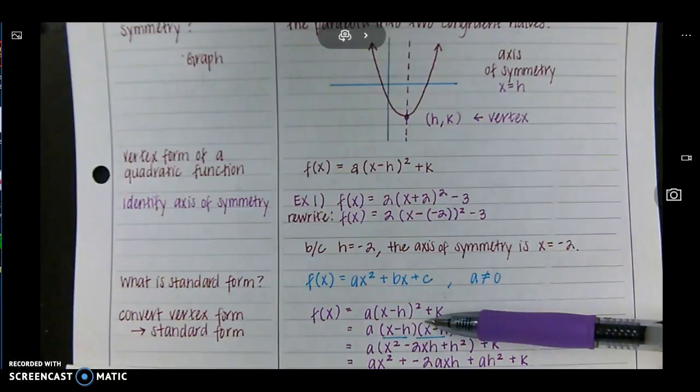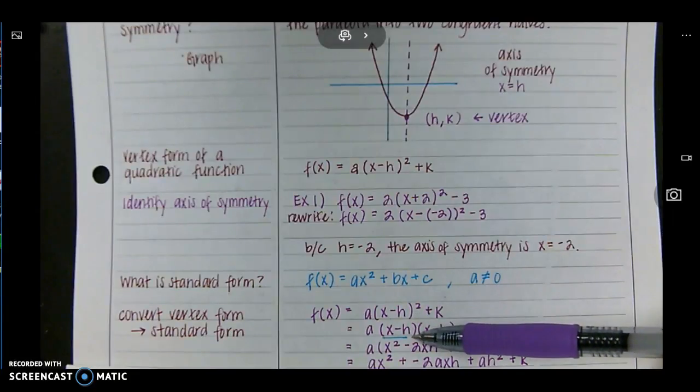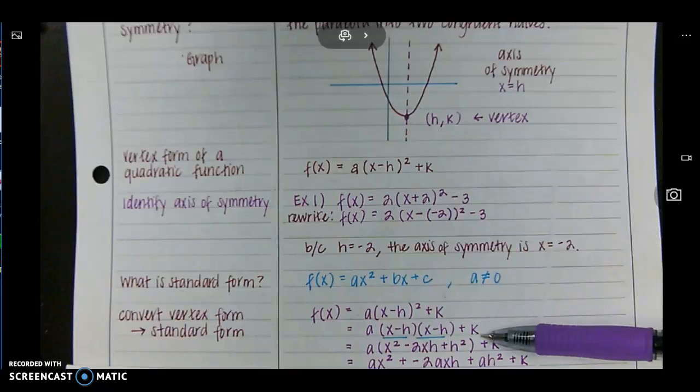So if you rewrite this out, this is the same thing as (x minus h) times (x minus h), and you just bring everything else down. And then you would use the distributive property, meaning you're going to multiply this a times everything inside the parentheses. a times x squared, a times negative 2xh, and a times h squared.